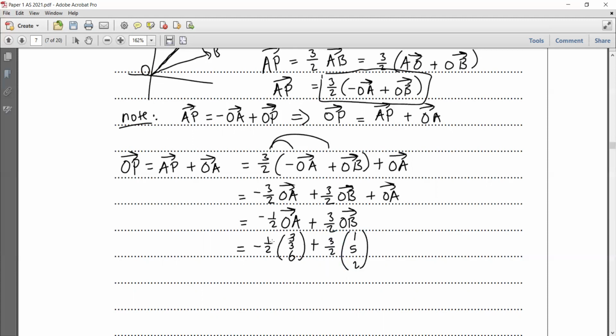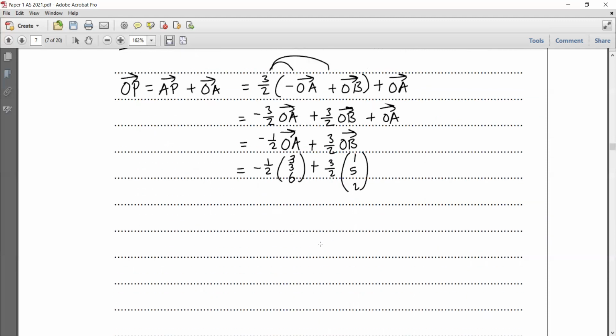The way this works is that this negative a half just multiplies everything inside our brackets, and then we will add the corresponding terms of the vectors. So this is equal to negative 3 over 2, that's negative a half times 3. Then again, negative 3 over 2. And then negative 3.